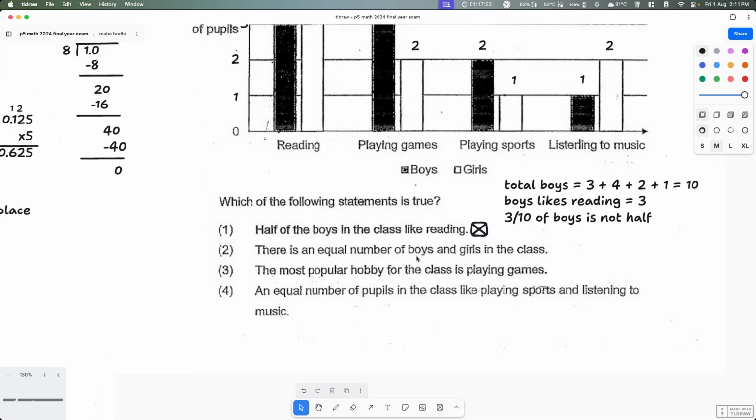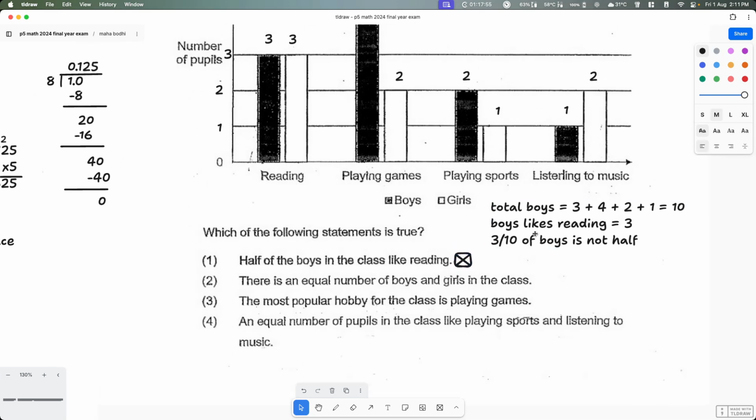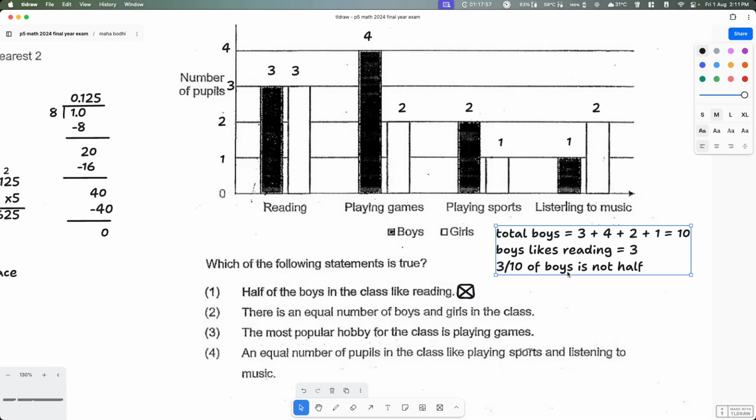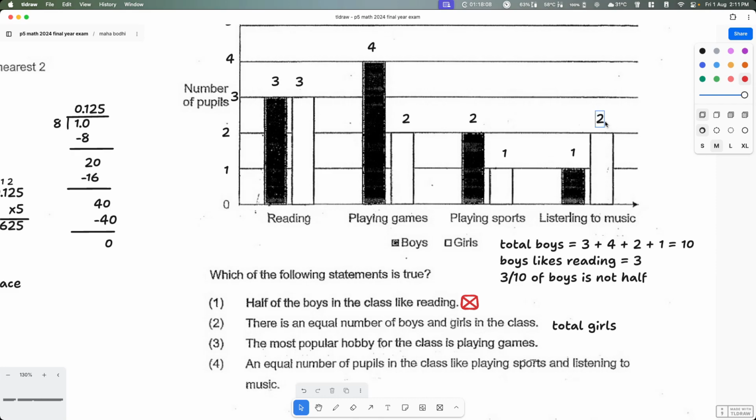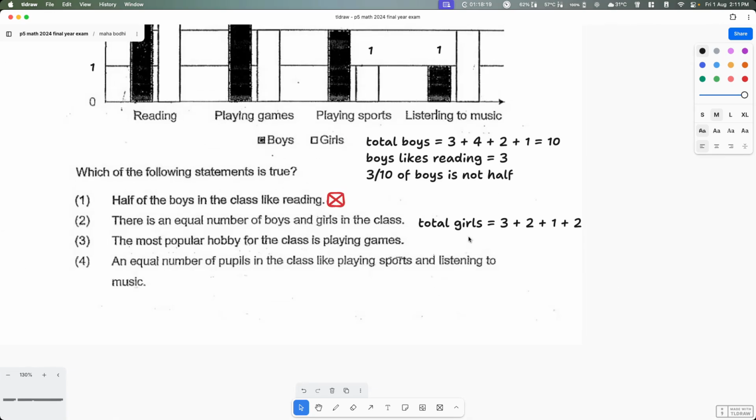There is an equal number of boys and equal girls, right? So total girls, okay, total girls will be 2, 1, 2, 3, right? So or 3 plus 2 plus 1 plus 2, and this will become 8.